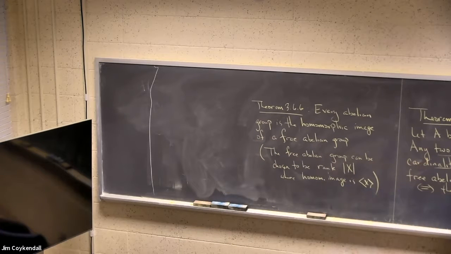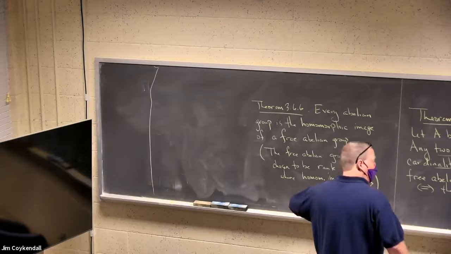So in particular, a finitely generated Abelian group can be realized as a homomorphic image of a finitely generated free Abelian group. If I have an Abelian group with 10 generators, then I can realize it as a homomorphic image of 10 copies of Z. Okay, that's what that means.